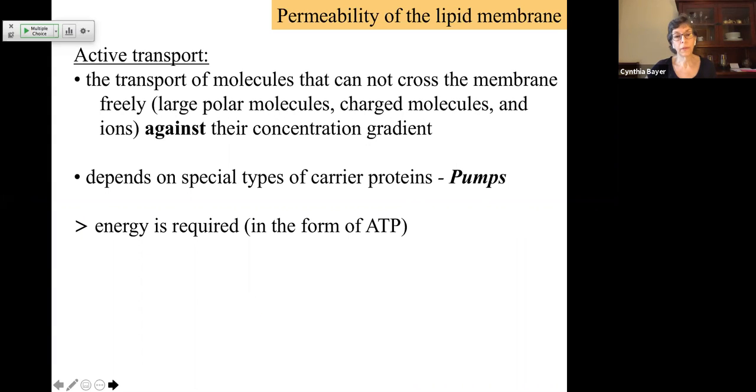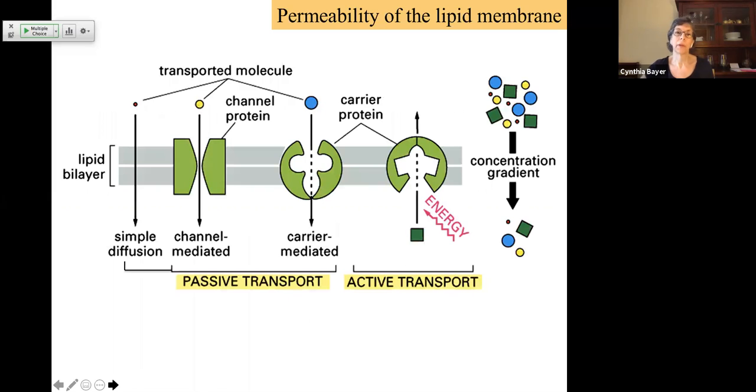So let's put all of these together, right? Sort of a little summary. Solutes can cross a biologic membrane in a number of different ways. Passive transport requires no energy. Active transport does require energy.